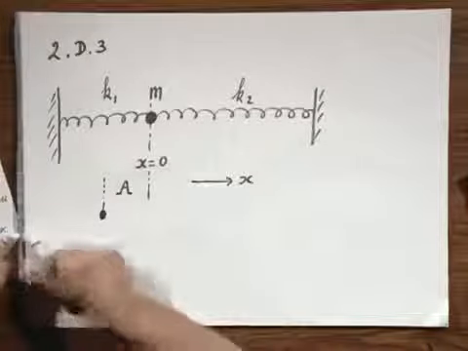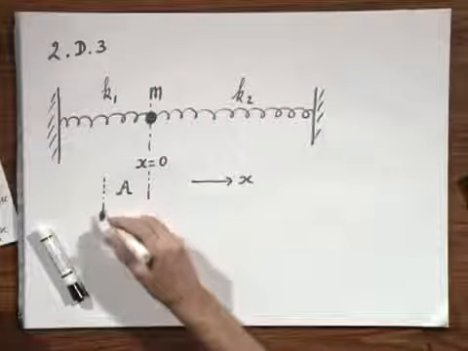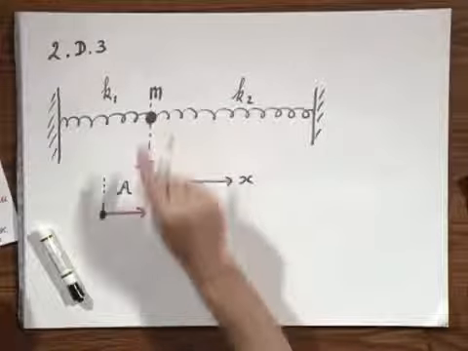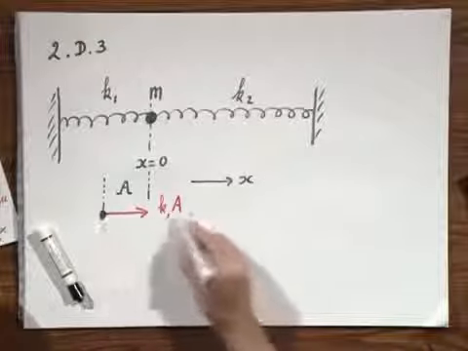That means this spring is pushed in, and so if it's pushed in, it will push outwards to the right. It will push this back to equilibrium, and the force will be K1 A in positive direction.